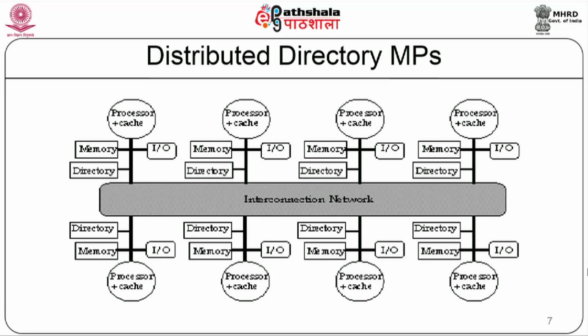Say for example, if you look at an 8K memory, I am just using smaller numbers. Suppose you are looking at an 8K memory and I have 8 processors here, then let me say the memory is divided as 1K in each of these processors. I have a 1K memory, and the directory for that particular 1K is available in the first processor.